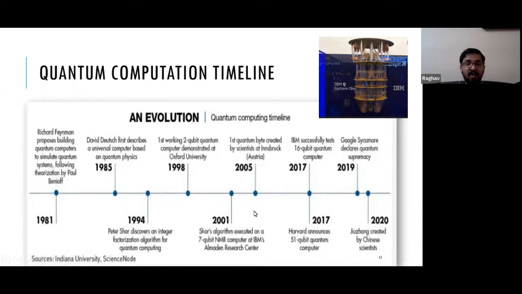In 2005, the first quantum byte was created by scientists in Australia. And in 2017, IBM successfully tested 16-qubit quantum computers.